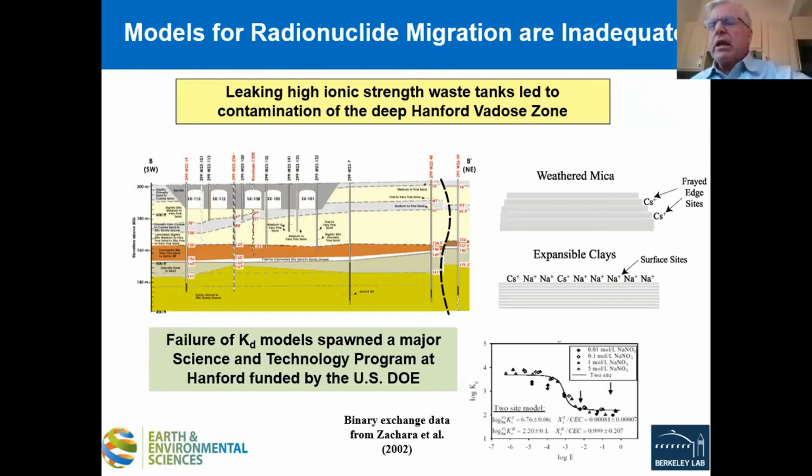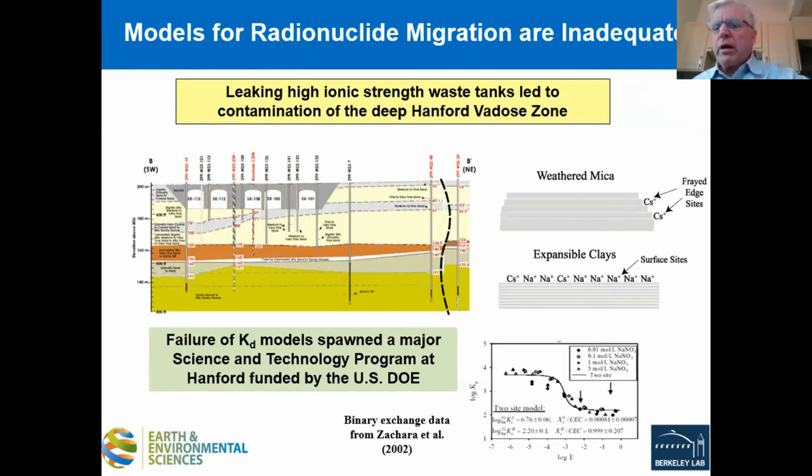And basically what it came down to is two things. One is that there were two different sites for the cesium. One was the frayed edge sites that Kevin already showed a nice picture of, which very strongly sorb the cesium, but then there's at least some cesium also on the surface of expansible clays.